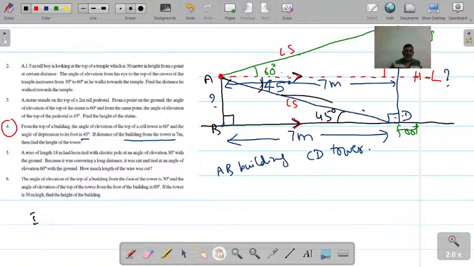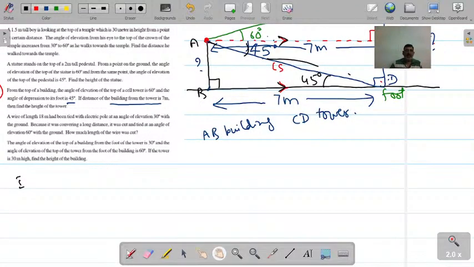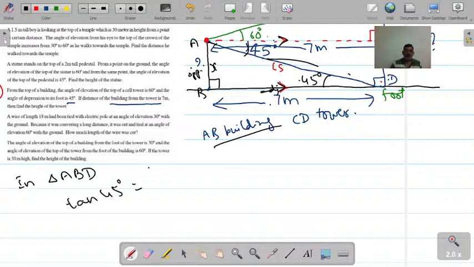In triangle ABD, in terms of this angle, this is opposite and this is adjacent, and this is unknown, this is known. So call it for the time being some x, which is the height of the building. So tan 45 equals opposite x by adjacent 7.